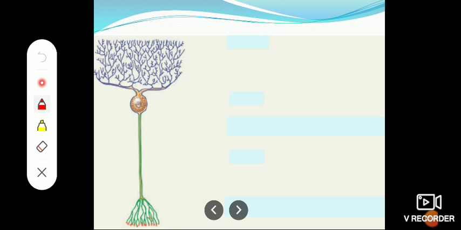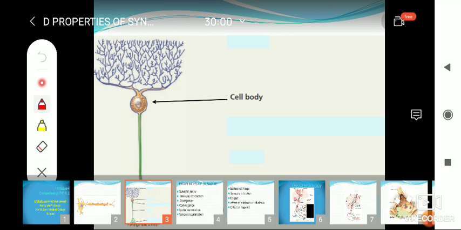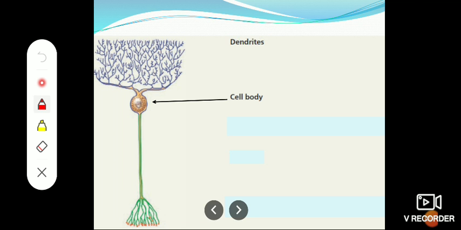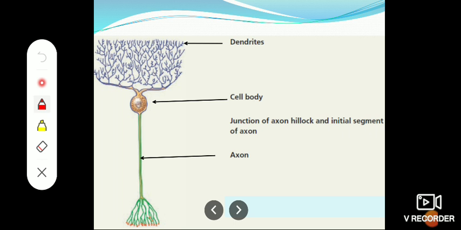At a close look, the cell body, so these are different anatomical types at different places. Dendrites, you can see the axon, the junction of axon hillock and initial segment, and these are the axon terminals. So these are the different anatomical parts of neurons.